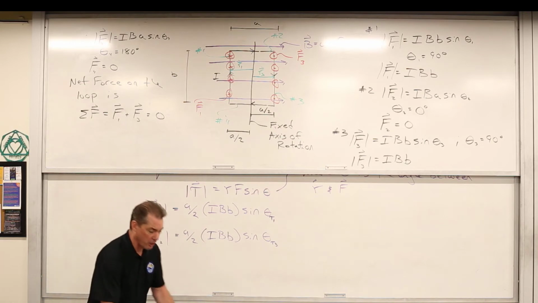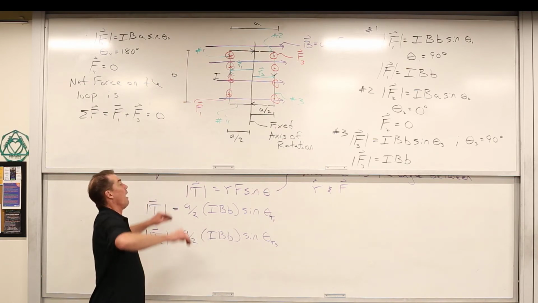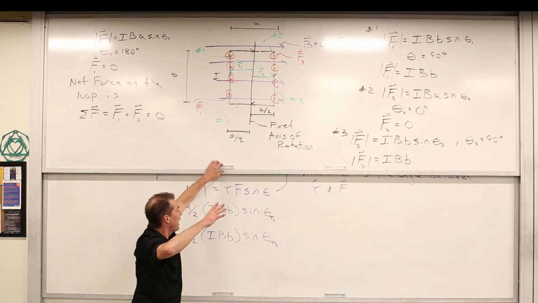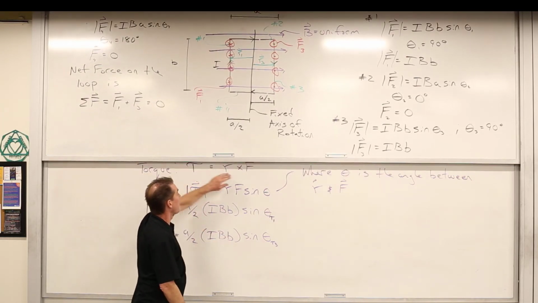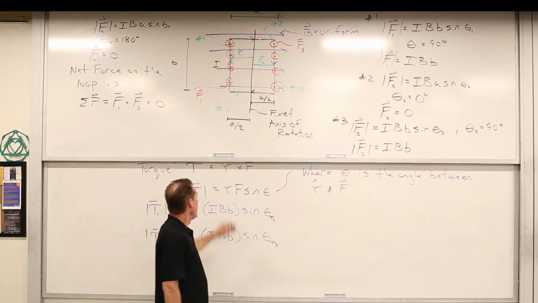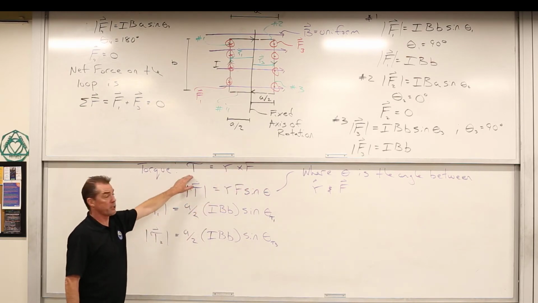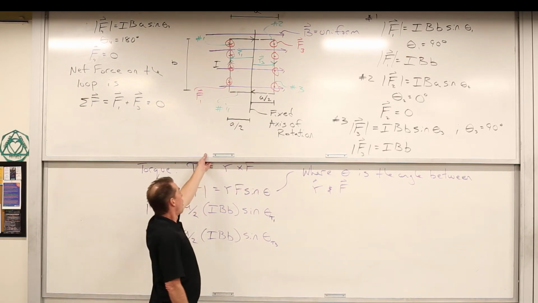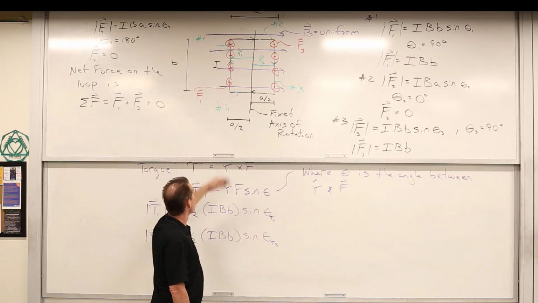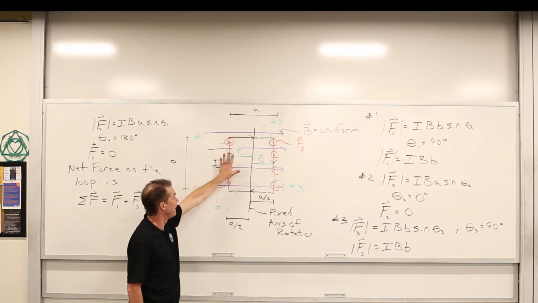What about the direction associated with the rotation itself? Well, let's take a look at that. We've got a cross-product relationship, and with cross products we can use the right-hand rule: fingers the first vector, palm the second vector, thumb is the resultant vector. So let us look at the direction of the torque exerted on this side right here.